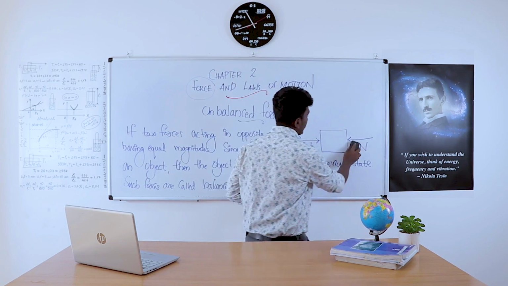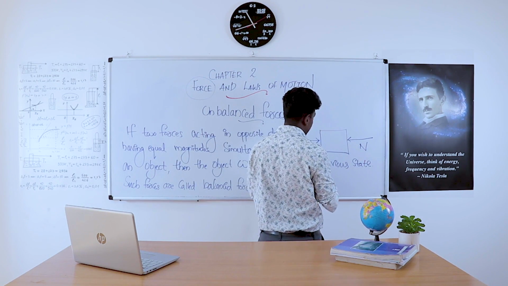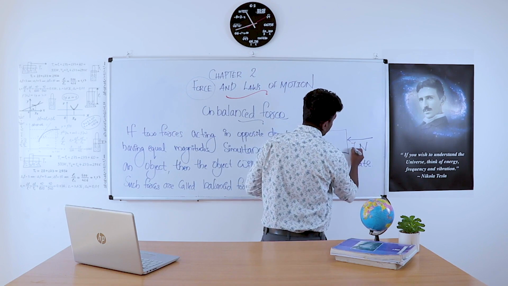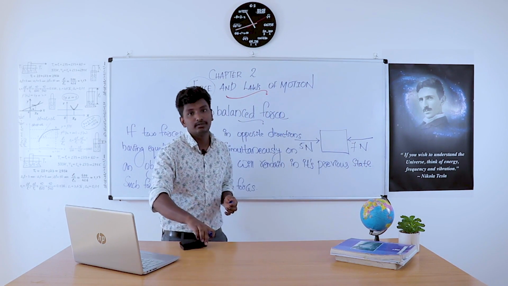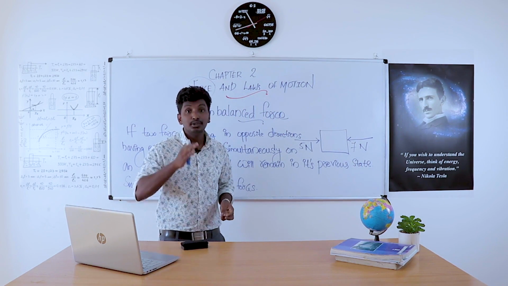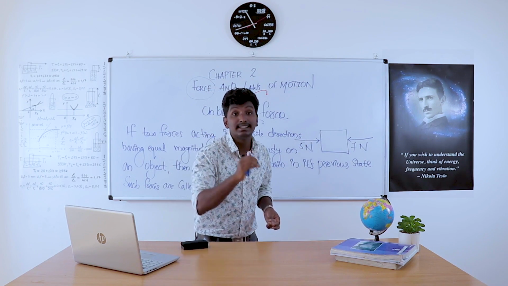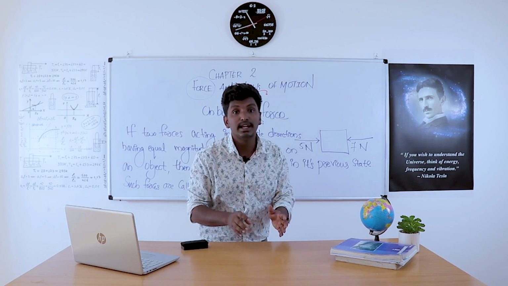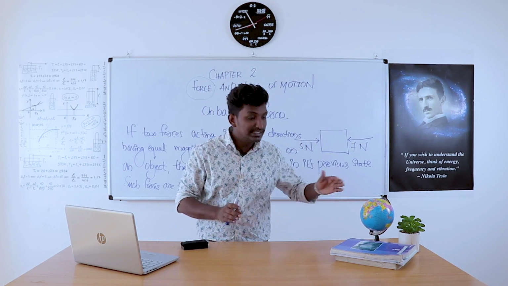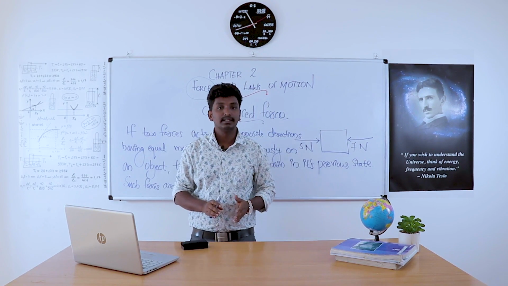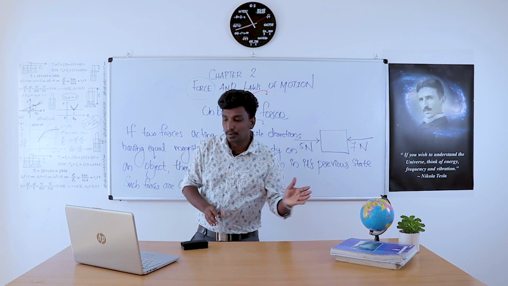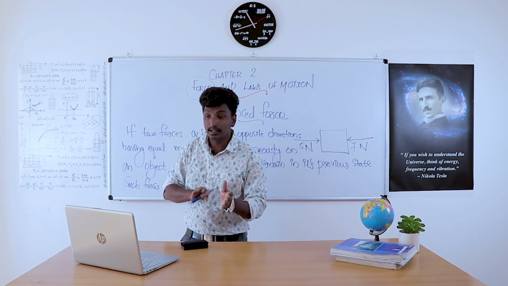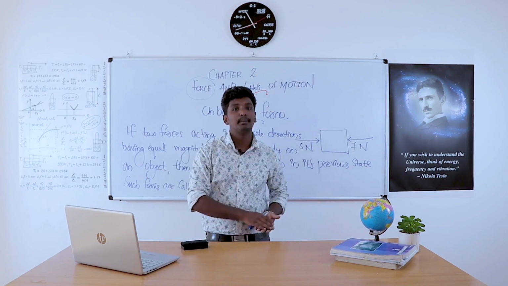Suppose I am applying a 5 Newton force from this side and on the opposite side you are applying a 7 Newton force. That means you are applying greater force. Therefore, the object will move towards the direction of greater force. That is, you can pull the table or push the table towards the direction of your applied force.